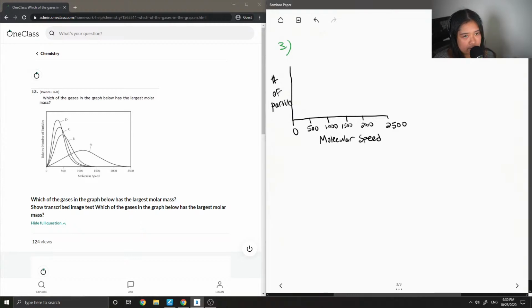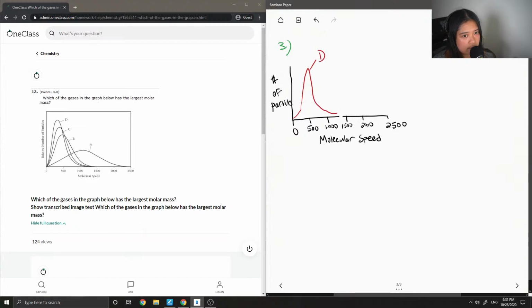I'm just going to roughly sketch out what the graph looks like. We have a big kind of peak there.